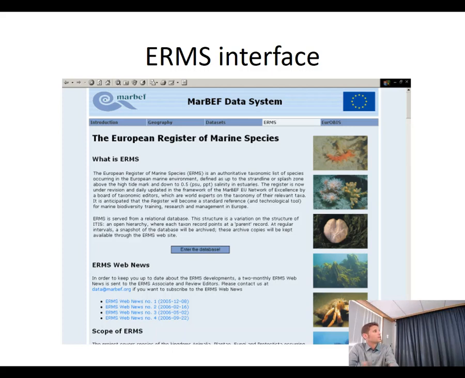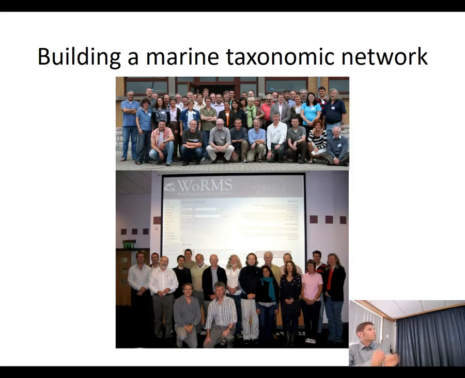Basically, what we did was integrate ERMS into our taxonomic database with one common taxonomy. We developed a web interface where users were able to search through this European Register of Marine Species embedded in the Aphia database. But we also invested a lot in building a marine taxonomic network.